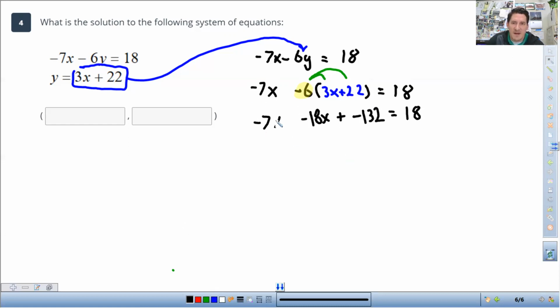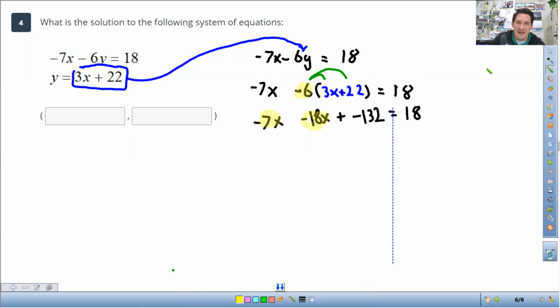Bring down the negative 7x. Now I have two sets of x's, so I want to simplify that. So I'm going to combine these, negative 7x combined with a negative 18x. That's negative 25x. Plus a negative 132.